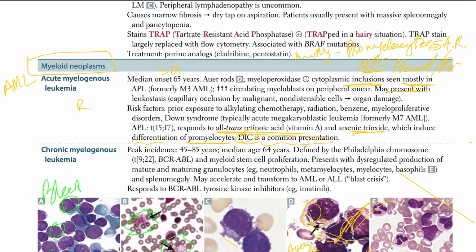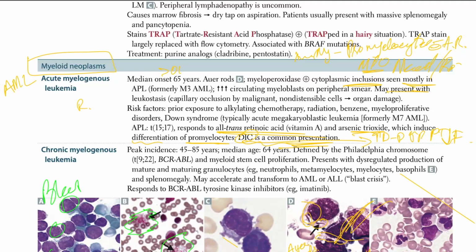And remember, this patient will be presenting with DIC, as they're saying it's a common presentation. A patient in DIC would have increased D-dimers, increase in PTT, decrease in fibrinogen, and all the labs, right? So that's what we have here.